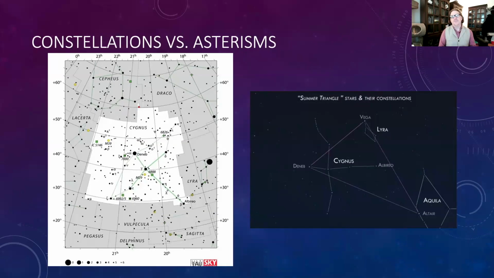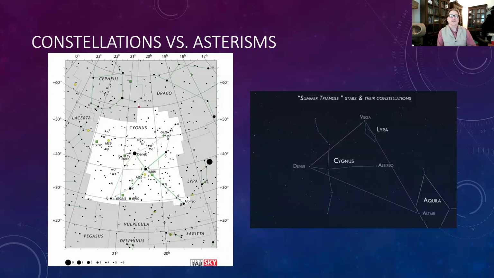An asterism is a collection of stars, either within a single constellation or among other constellations, making up an object. So off to the right, Cygnus is a constellation, but Cygnus, or at least Deneb in Cygnus, is part of an asterism popularly known as the Summer Triangle, where you have Deneb, you have Vega, and then you have Altair.